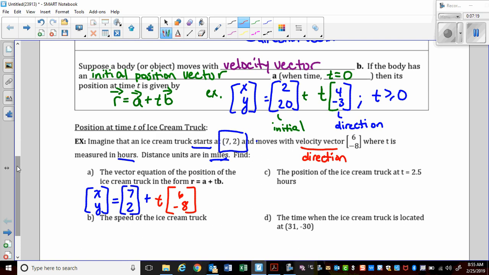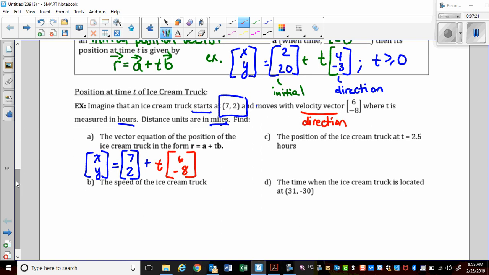There you go. Find the speed of the ice cream truck. Remember that the speed is the magnitude of my directional vector. So we just went over this. My directional vector is <6, -8>, and I'm going to find the magnitude of it. This is a symbol for magnitude, these lines.